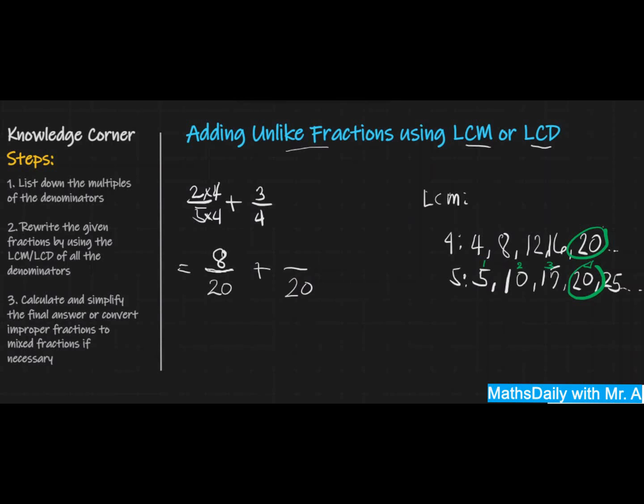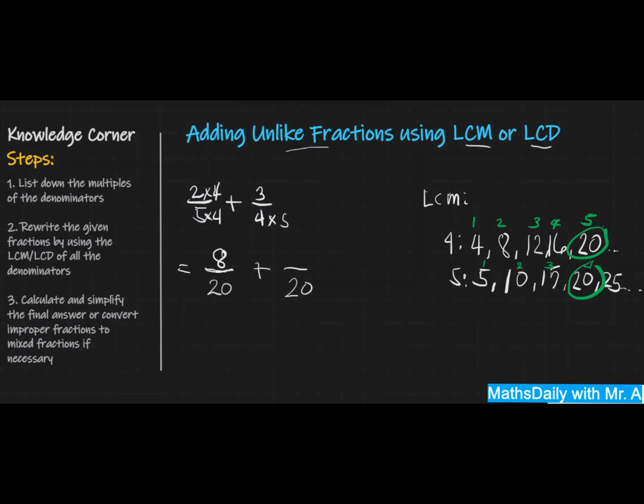Likewise, we need to do the same thing with the second fraction. Let's count the number of multiples from 4. 1, 2, 3, 4, 5. There are 5 multiples. So we're going to multiply 4 times 5, which is 20.